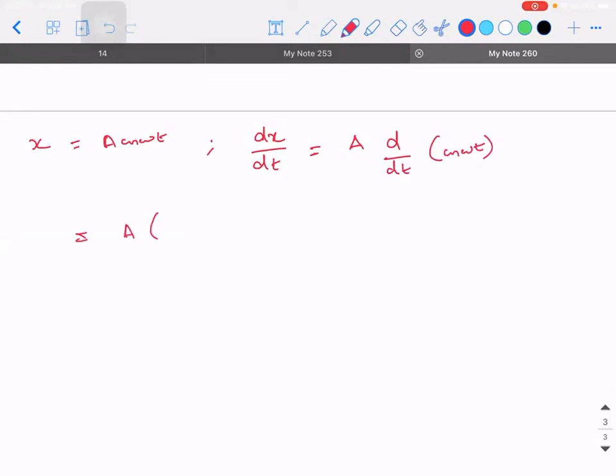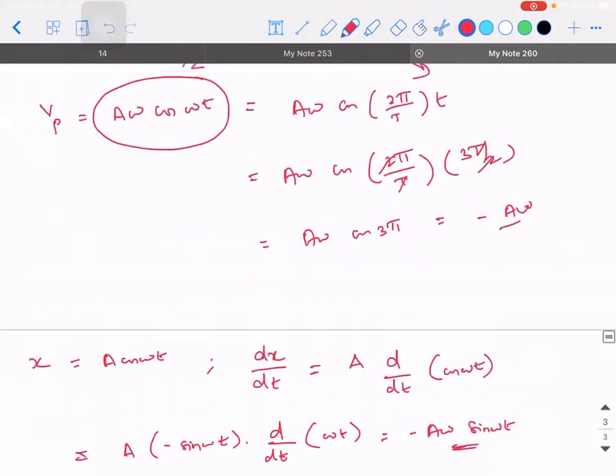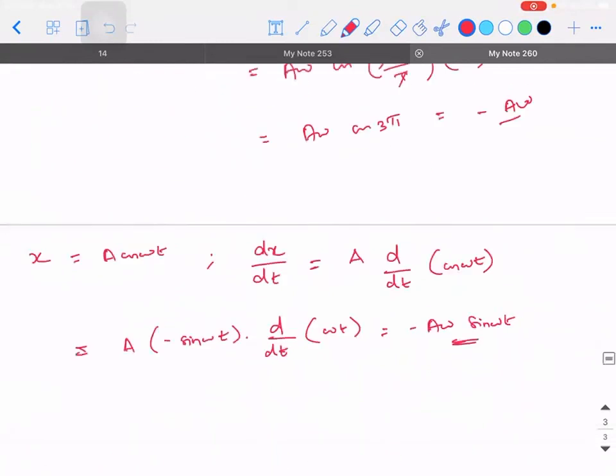A into derivative of cos, minus sign. Very good. Minus sin omega t into d by dt of omega t. That's it. So that will be minus A omega sin omega t. You need to be very, very careful about this. Depending on what expression they are giving, you need to calculate its velocity.